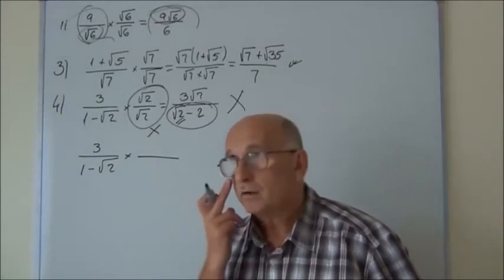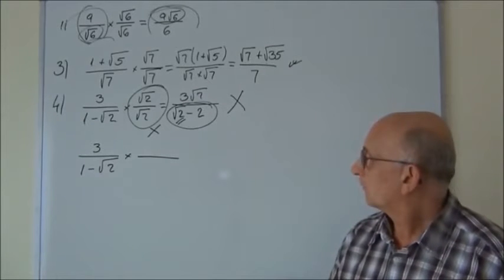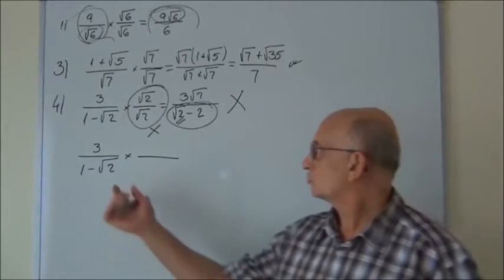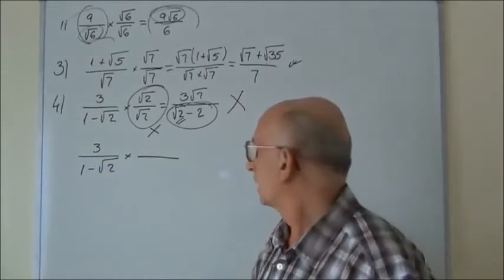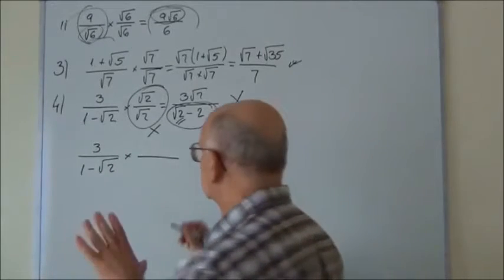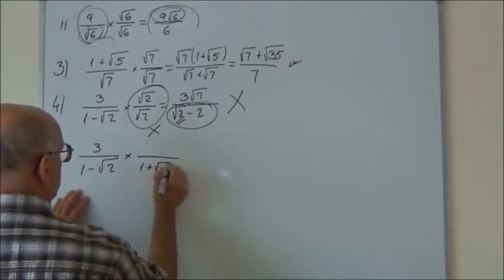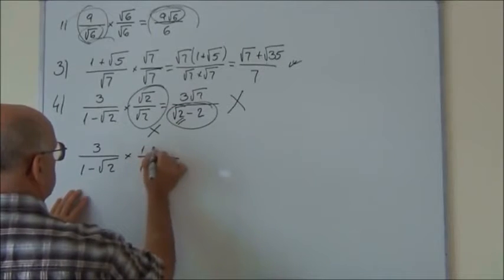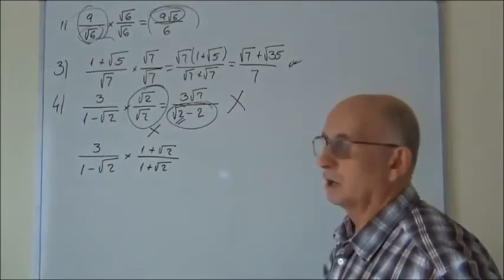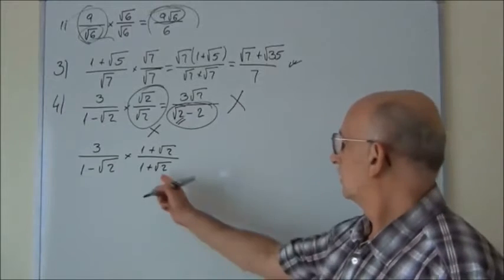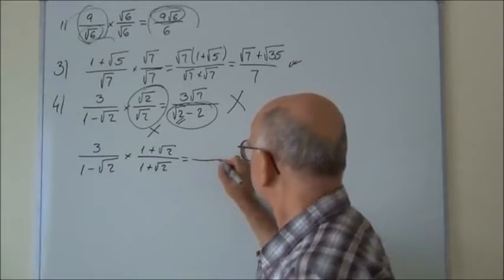If you remember from 2 or 3 sessions before, when we were talking about this, I told you that always here you have to change sign. So this you have to multiply by 1 plus root 2 on 1 plus root 2, and then you will get rid of the surd in this denominator.